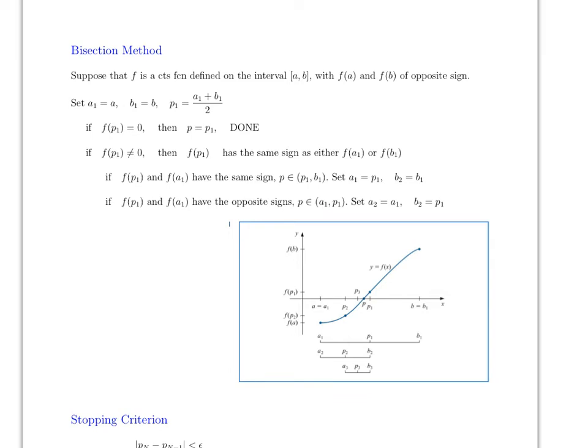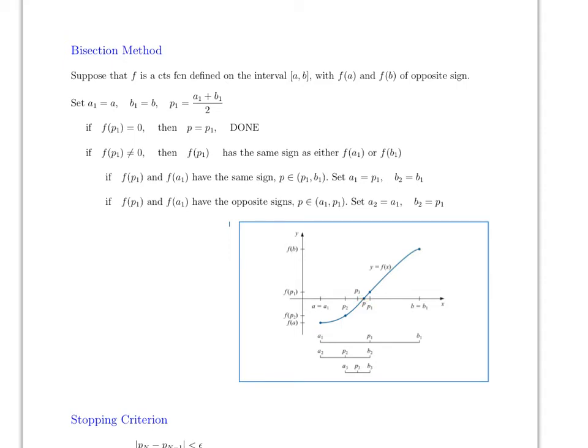You're going to first pick 2 points, A1 and B1. So the one will be positive and one will be negative. And remember, by the intermediate value theorem, that means that if it changes from negative to positive, it has to be 0 at some point.